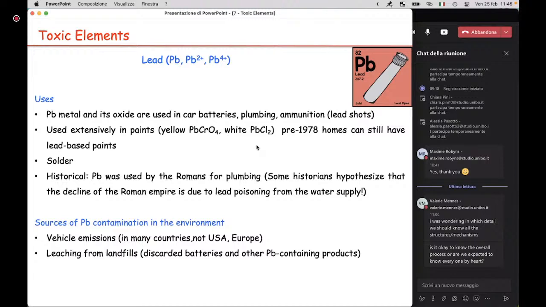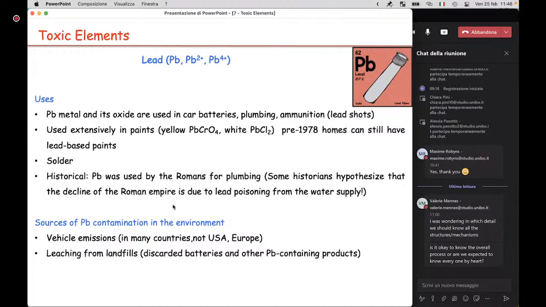So maybe during renovations or demolition works, lead can be released from old layers of paint. It was used also for soldering, but again, we have nowadays different kinds of soldering materials, so it's not so frequent.